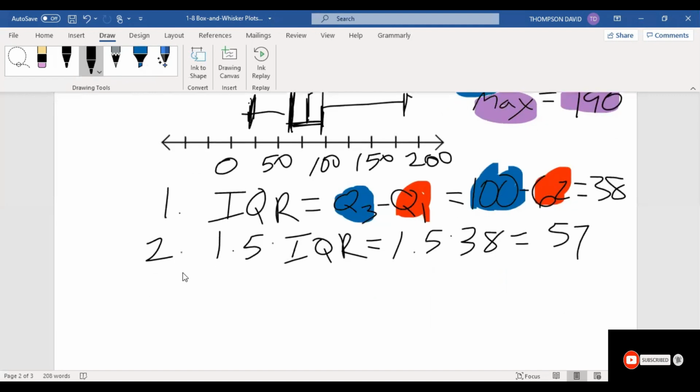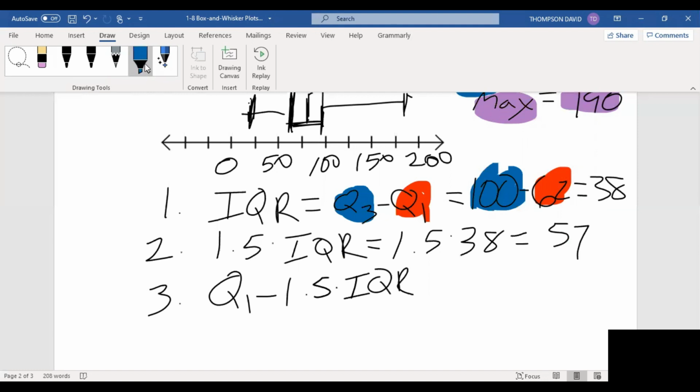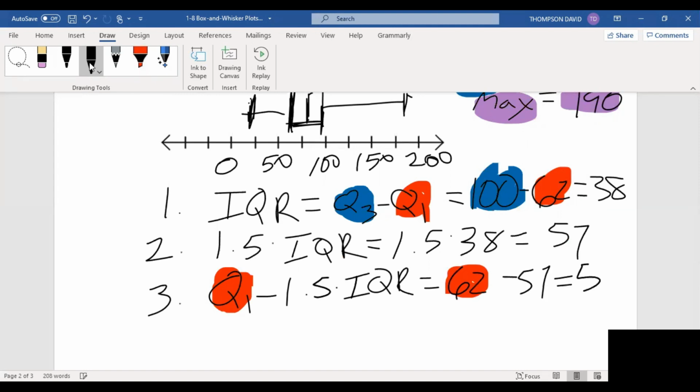Next step, we need to check our upper end and our lower end. So we do Q1 minus 1.5 times the IQR, and we'll use the same coloring scheme for quartile 1 in red. So 62 minus 57 equals 5.